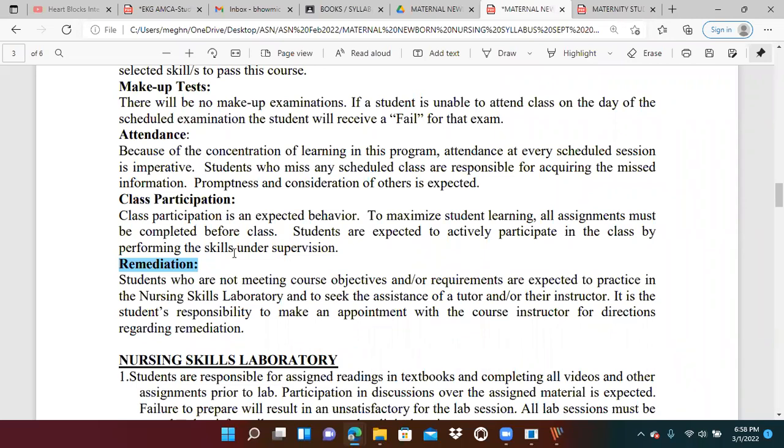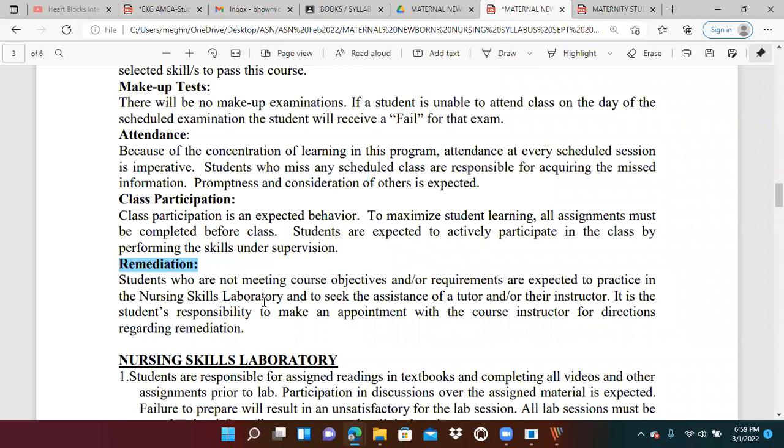If any student does not pass first, second, third, that unfortunate student has to come back to the school for remediation. Students who are not meeting the course objectives or requirements are expected to practice in the nursing skills laboratory or look for assistance from a tutor or their instructor.